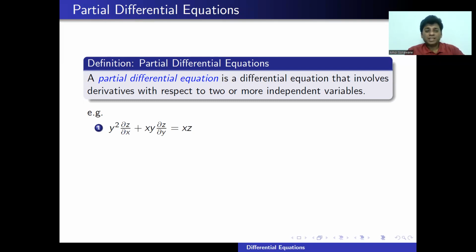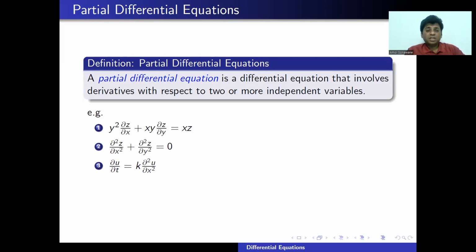Here you can note that z is the dependent variable and there are two independent variables x and y. Another example, dou square z by dou x square plus dou square z by dou y square is equal to 0. This is a partial differential equation in which z is the dependent variable and x and y are two independent variables.